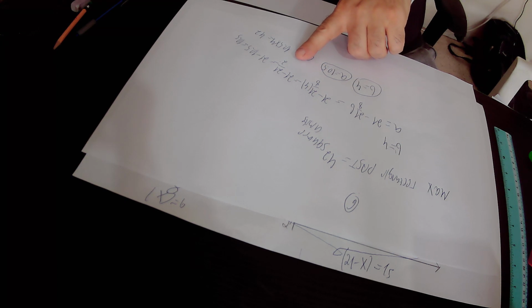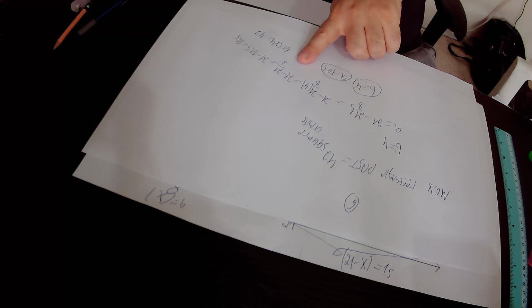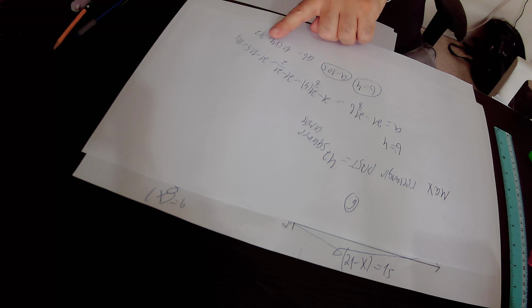So it is 21 minus 21 times 4 over 8. Here we divided both the numerator and the denominator by 4, and we get that A equals 21 minus 21 over 2. 21 over 2 is 10.5. So the length A equals 21 minus 10.5, that is 10.5.